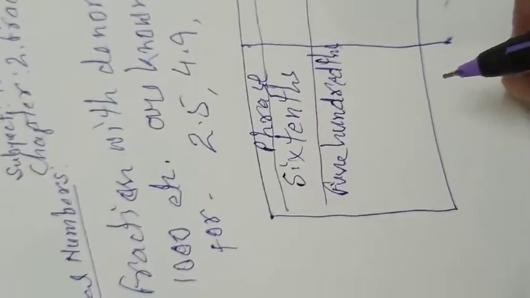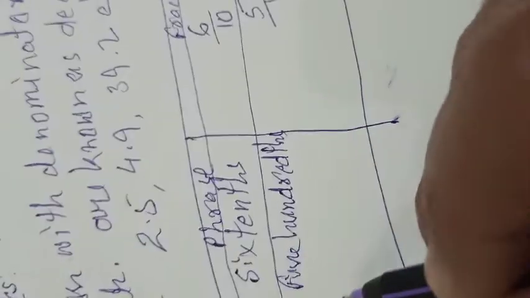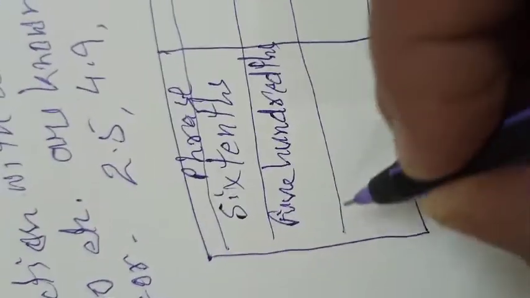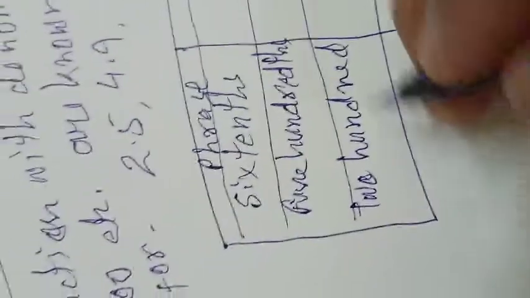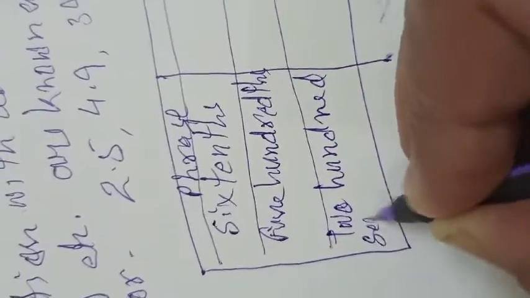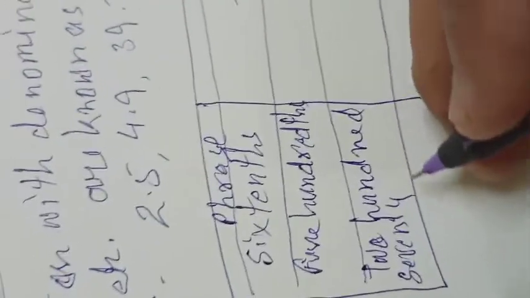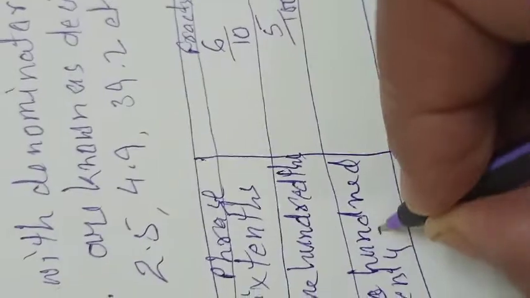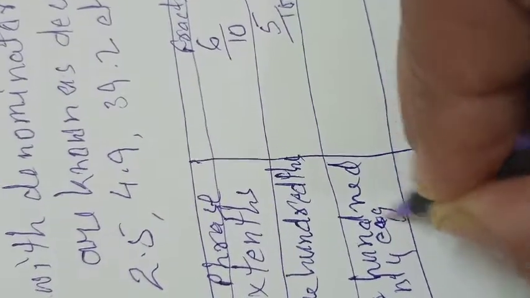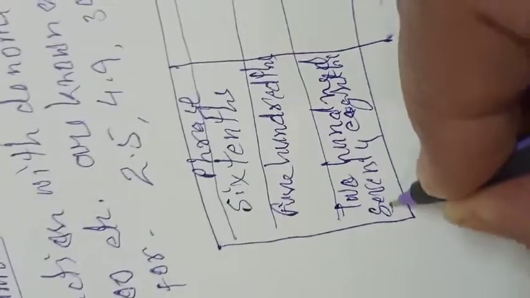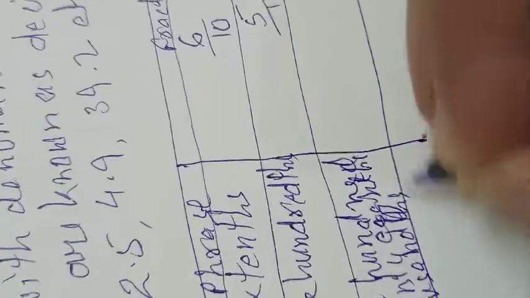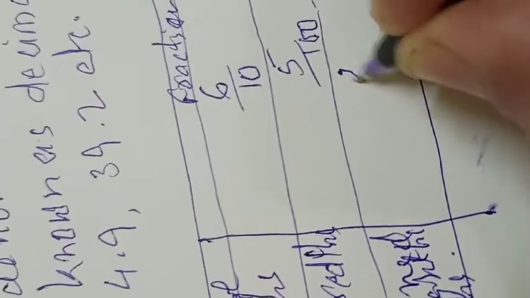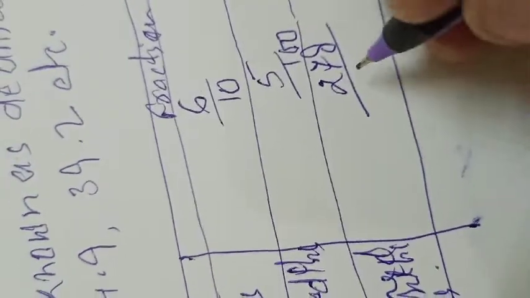Now go to thousands. So 278 thousandths, that is, in fractional format 278 by 1000.